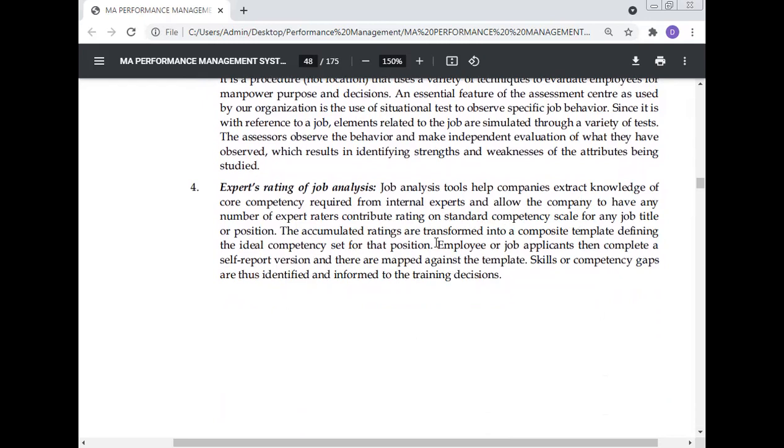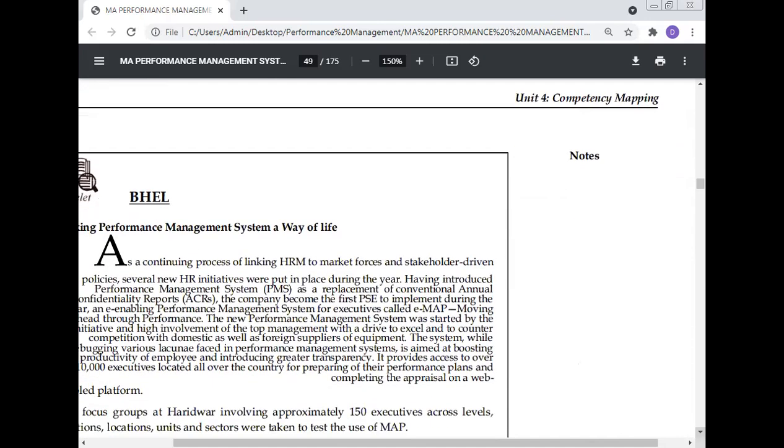The accumulated ratings are transferred into a composite template defining the ideal competency set for that position. Employees or job applicants then complete a self-reported version and they are mapped against the template. Skills or competency gaps are thus identified and informed to the training decision.